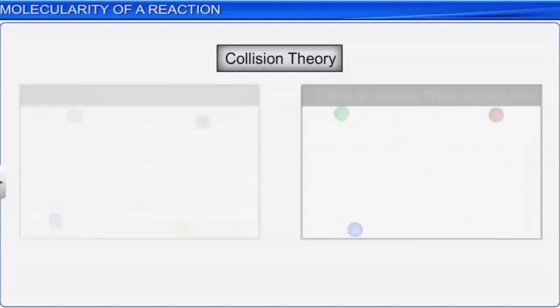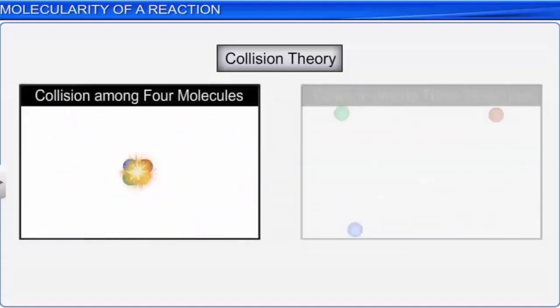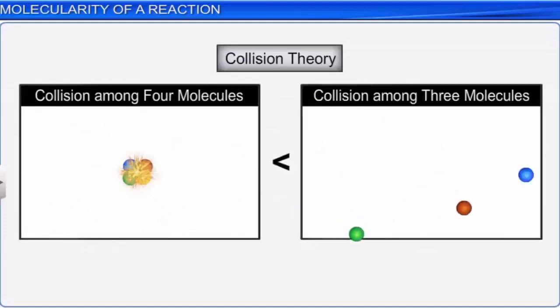Therefore, the possibility of simultaneous collisions between four molecules is much less than the possibility of simultaneous collisions between three molecules. Hence, reactions involving more than three molecules are very rare.